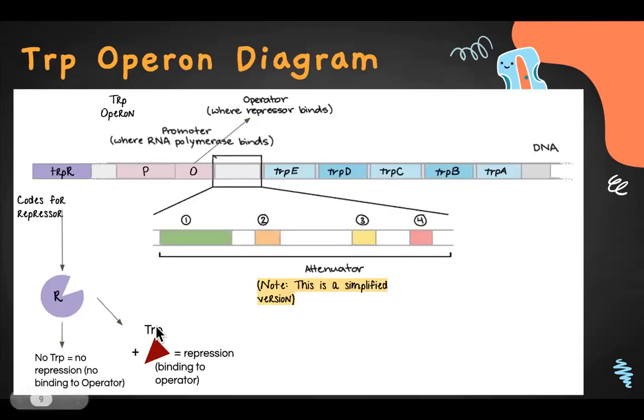If you have a lot of tryptophan around, more than just one, you're going to be more likely to bind to the repressor. And if tryptophan binds to the repressor, that cues it to go bind to the operator. And when it's bound to the operator, that makes the operon turn off. So that's why it's a negative regulator. Does that make sense? The flow of order?